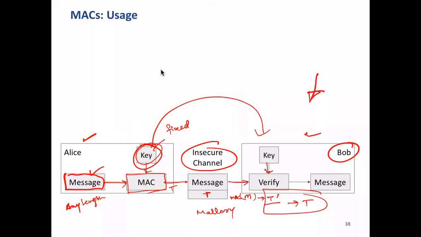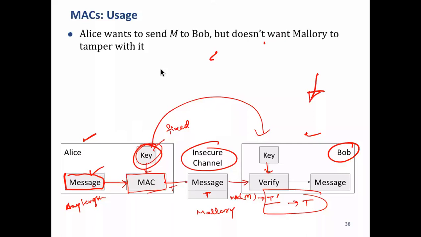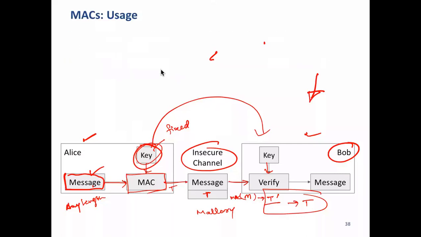But if Bob goes to the court, suppose Alice has not sent anything, and Bob says I have received a message. He creates a message which says that Alice promises to pay Bob $1,000. Bob creates it, and he knows the key, so he creates the MAC of that, attaches it to this message, and goes to the court saying Alice has sent it.